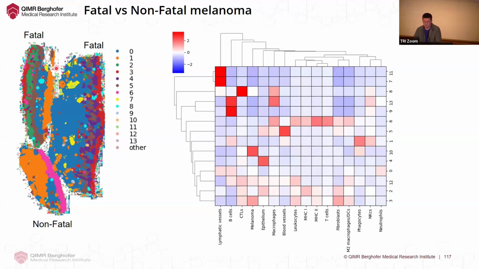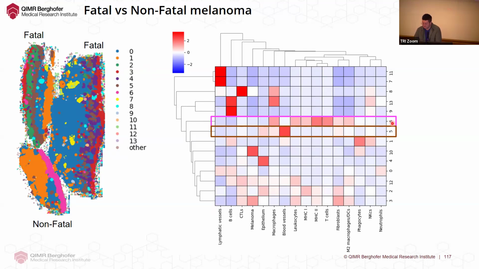When we apply a similar approach to another slide, which has 2 fatal samples and 1 non-fatal sample, we can see cluster 6 also stands out in the non-fatal sample. They are also enriched with MHC class 2.